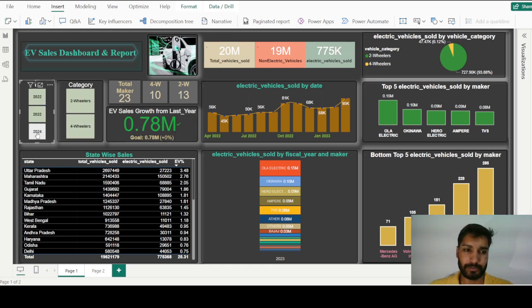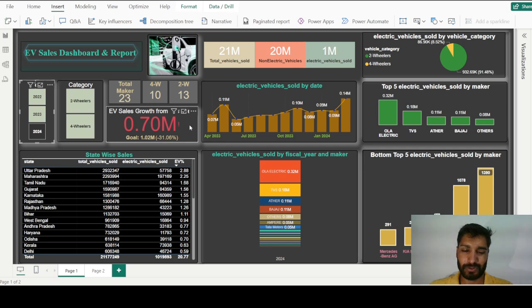Same for 2024. In 2024 we can see a red point, a minus 3.1% degrowth from 2023, because the goal is this year's sales target.